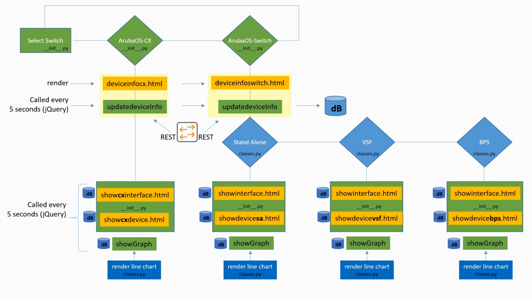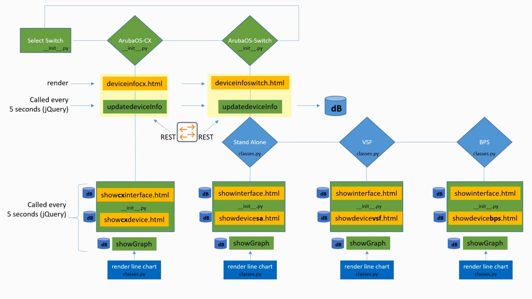If the device is unreachable for any reason, the information that is stored in the database is obviously retained, so you always have the latest available information once you select this page.